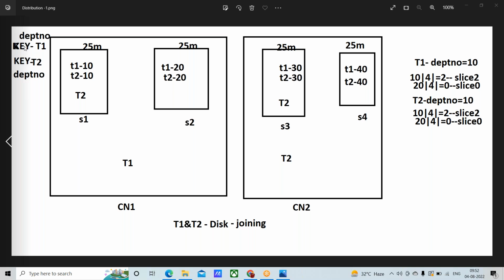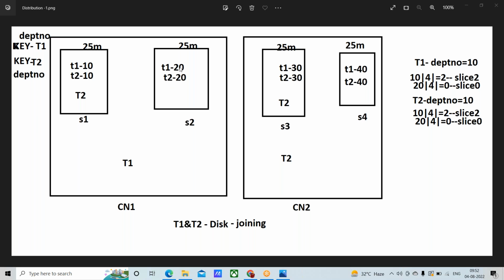See here, for example, department number 10, whether it comes from the employee table or the department table, it will go to the same slice. Similarly, department number 20. T1 means this 20 value is coming from table 1, T2 means this 20 value is coming from T2.